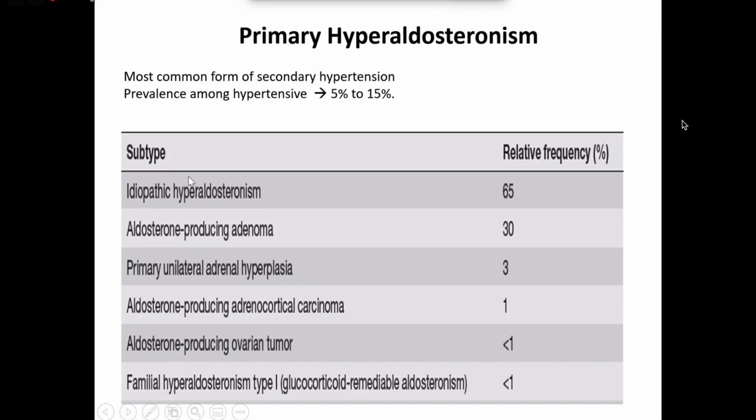There are many subtypes. The most common is idiopathic hyperaldosteronism. About 30% is aldosterone-producing adenoma, and it is very rare to see primary unilateral adrenal hyperplasia or adrenocortical carcinoma.